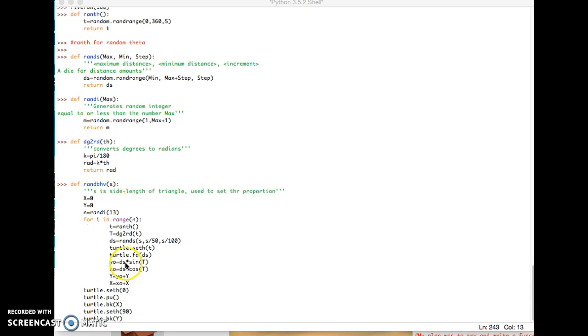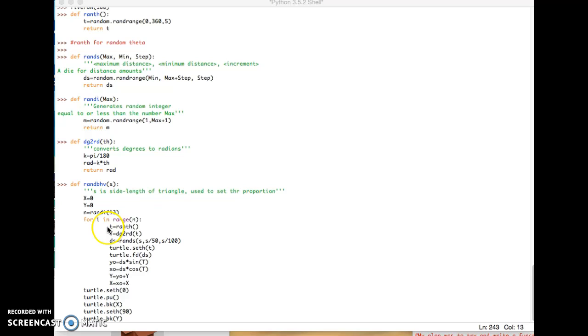Okay, so each time the turtle makes a move in its random walk, it gets added to one of the legs, basically the x and y components of its walk, if that makes sense to you. And randint 13, so that it'll take a random number of steps. It might take 5 turns, might take 7 turns, might only take 1 turn. But it'll be less than 13, so it's manageable.